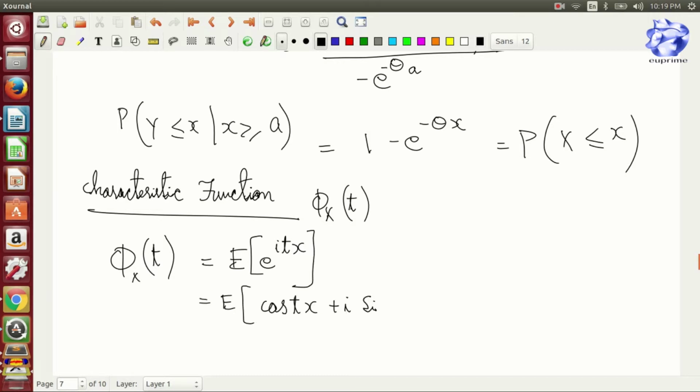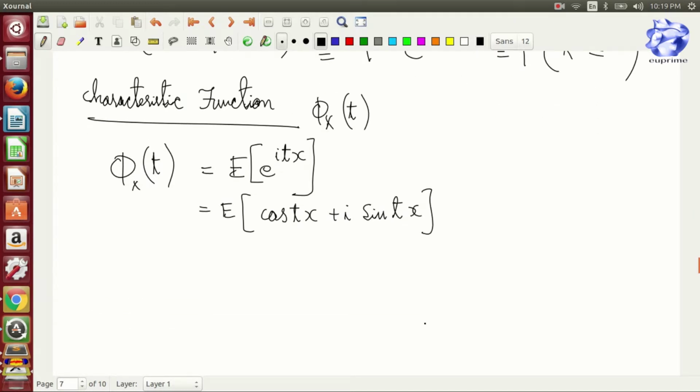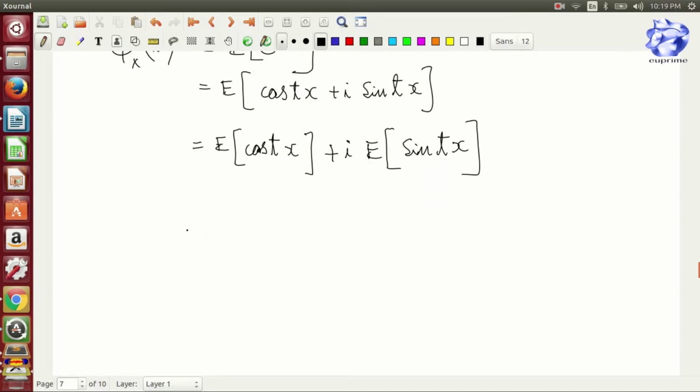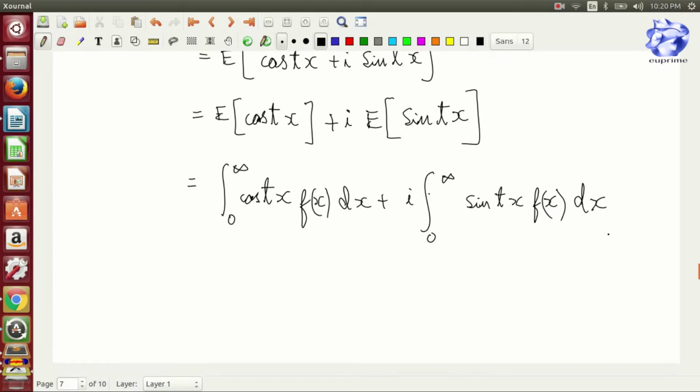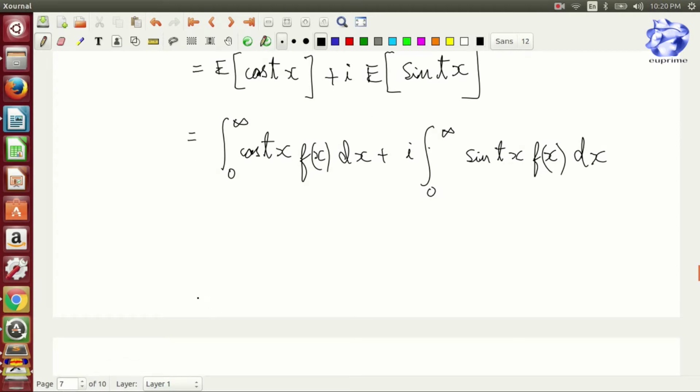So this is another way of calculating the characteristic function, where you write the expectation of e to the power itX as the expectation of cos tX plus i sin tX, which can again be written as the expectation of cos tX plus i times the expectation of sin tX. Put that into integration, you get the integration of cos tx f(x) dx integrated from 0 to infinity plus i times the same integration limits, sin tx f(x) dx.